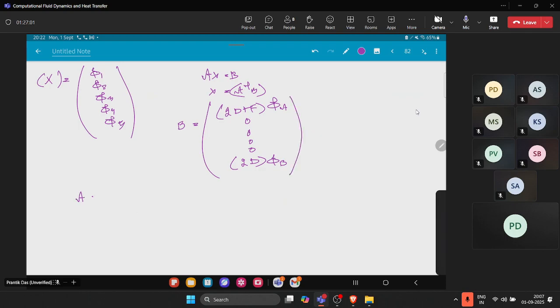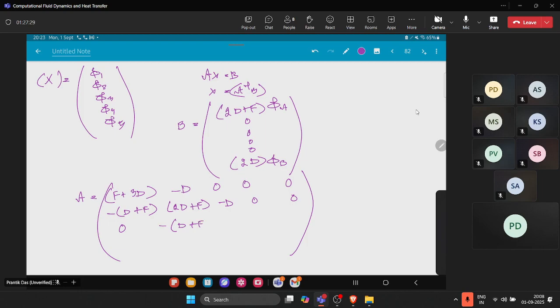And this A is basically A plus 3D, minus D, 0, 0, 0, then minus D plus A, 2D plus A, minus D, and so on down the diagonal, ending with minus D plus A, and A plus 3D.